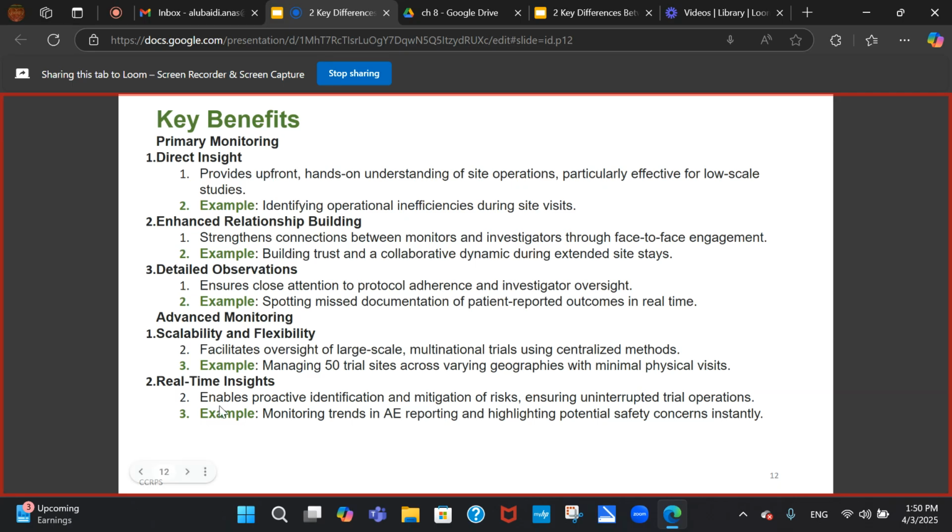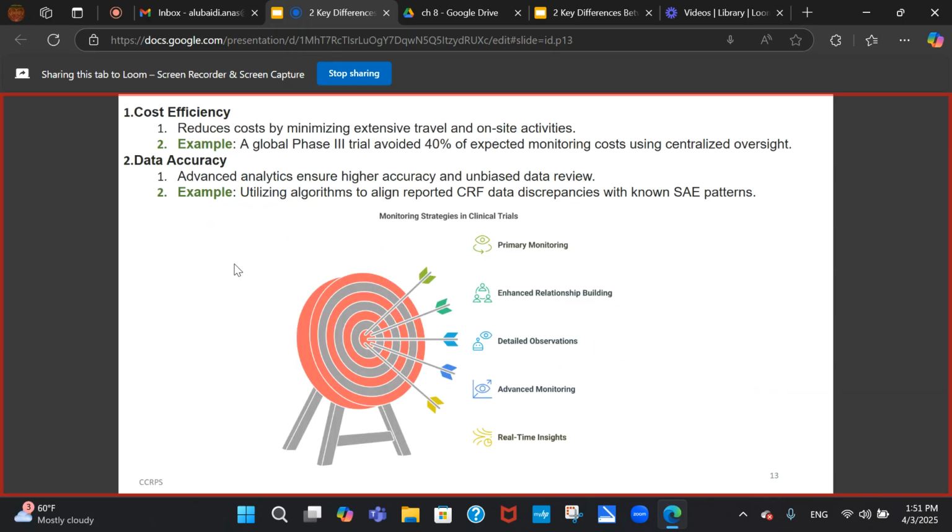So real-time is still applicable here and in the primary monitoring. So here advanced monitoring enables proactive identification and mitigation of risks, ensuring uninterrupted trial operations. Example, monitoring trends in AE, adverse event reporting, and highlighting potential safety concerns instantly or immediately.